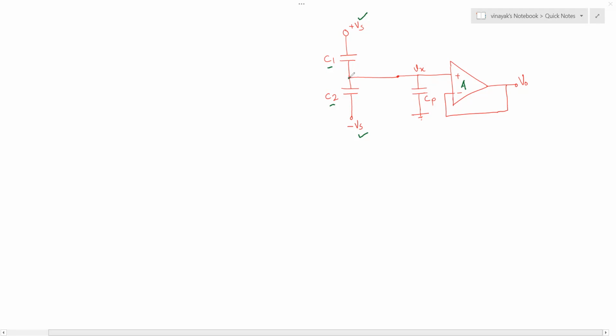And then the middle point of these capacitors is connected to the positive pin of the amplifier as shown, and the negative input of the amplifier is connected to the output, or the output is connected to the negative input, we can say that. So this is a kind of negative feedback.